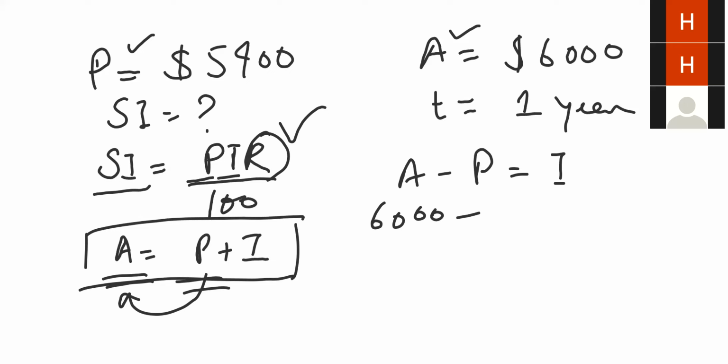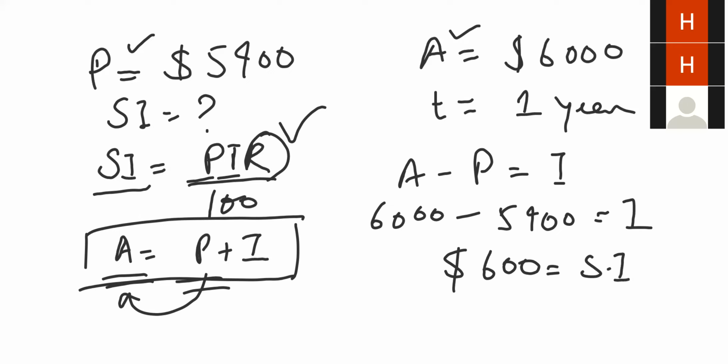But we don't need the rate in this question. We're only supposed to find out the simple interest. All right, so 6,000 minus 5,400 gives you your simple interest, which comes out to be $600.